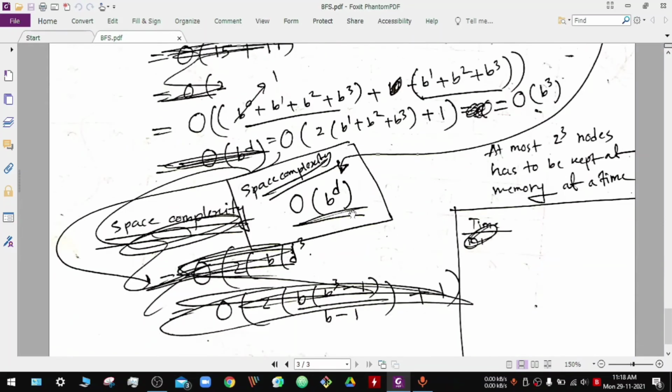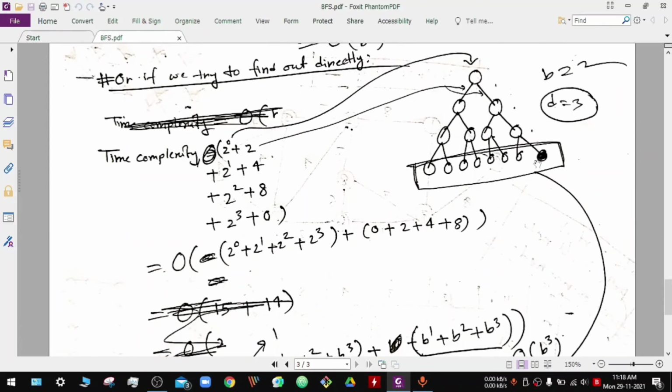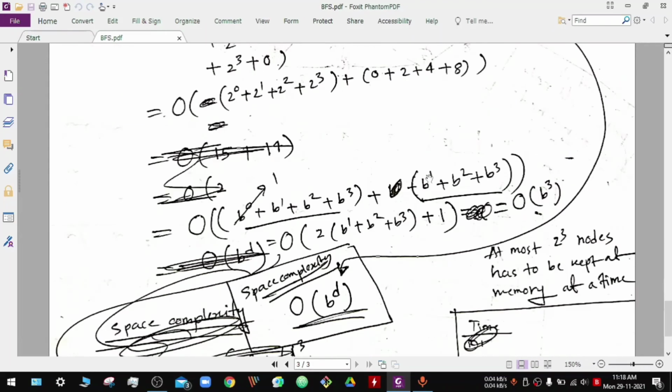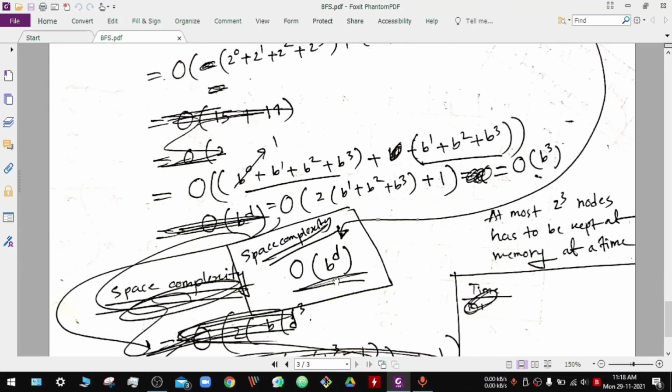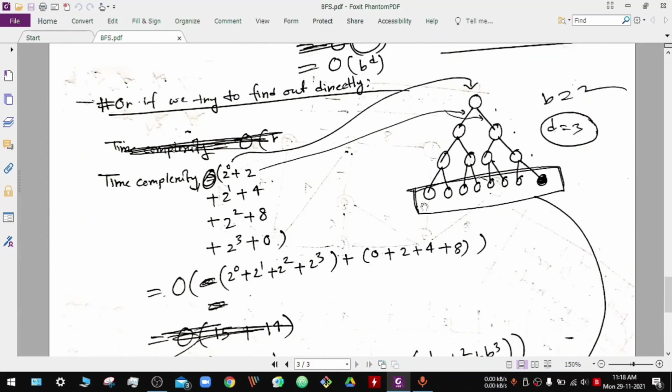And now I will talk about the space complexity. The space complexity of the BFS algorithm will be O(b to the power d), because when running the algorithm you have to hold at most this many nodes in memory.